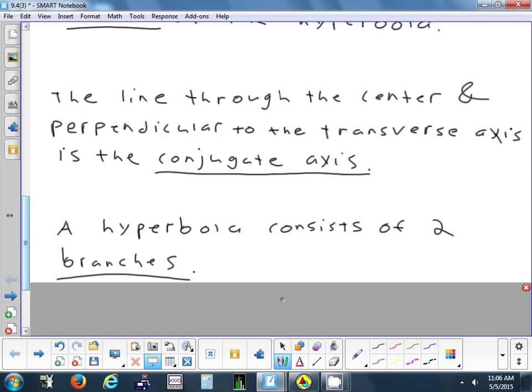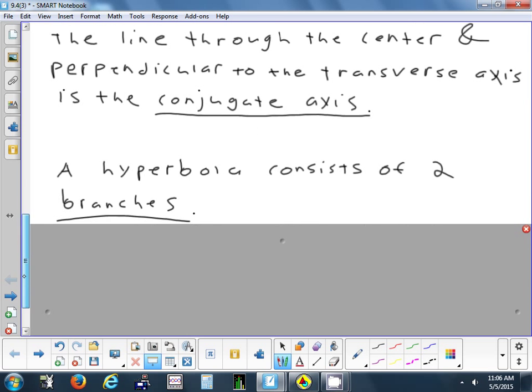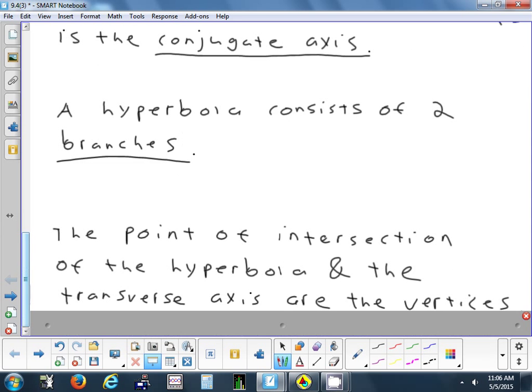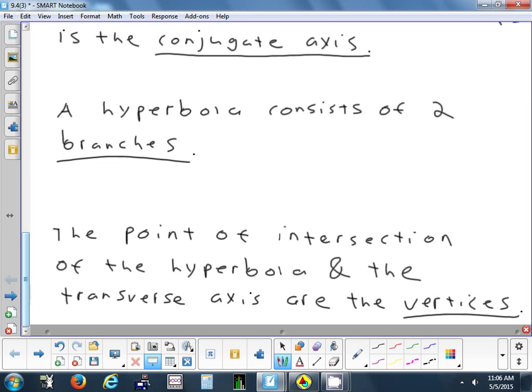And the two parts of the hyperbola that we draw, the curved parts, those are called the branches. It's the only conic section that you sketch, and you have to pick up your pencil to do it. It's not connected. And if you look at the point where the transverse axis and the hyperbola intersect each other, those are the vertices.